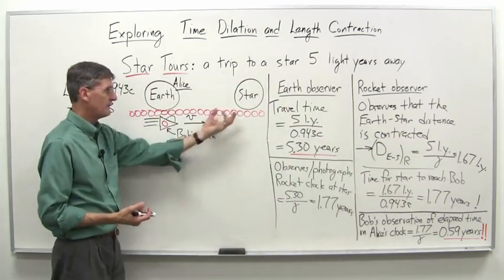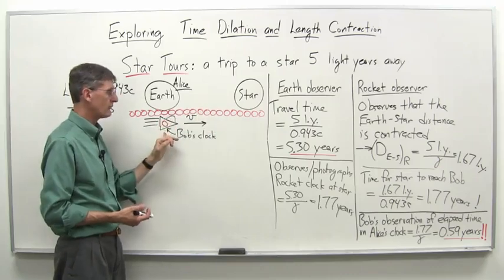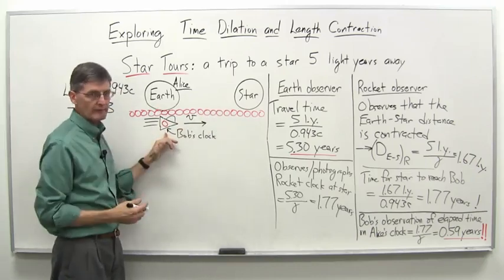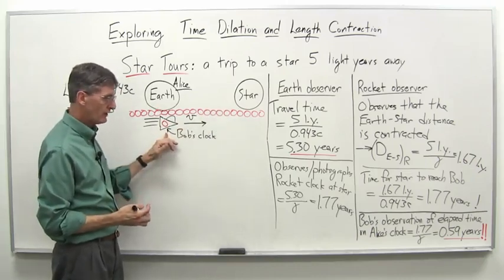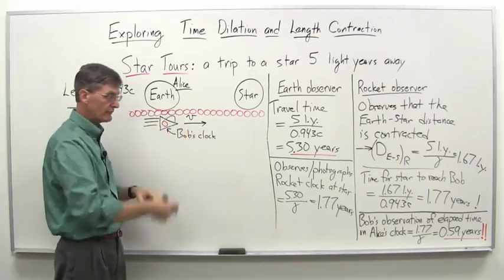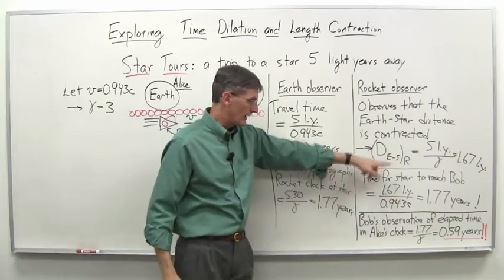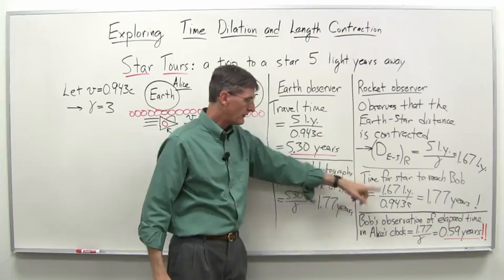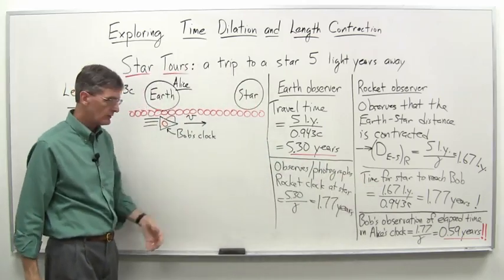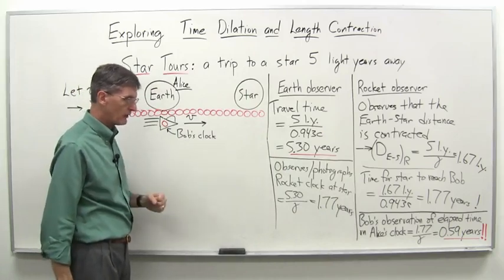So when he just passes Earth, he sees the star 1.67 light years away and traveling toward him at 0.943 c. Therefore, the time for the star to reach Bob and have the photograph taken is 1.67 light years divided by 0.943 c. We're taking c to be 1 light year per year, and therefore it comes out to be 1.77 years.